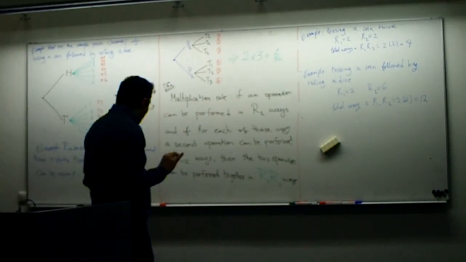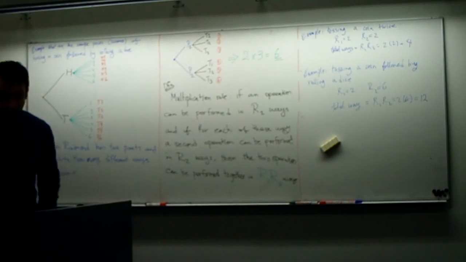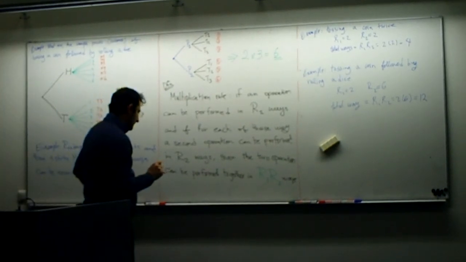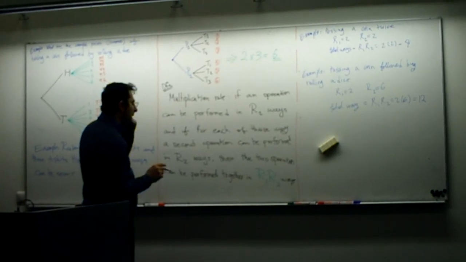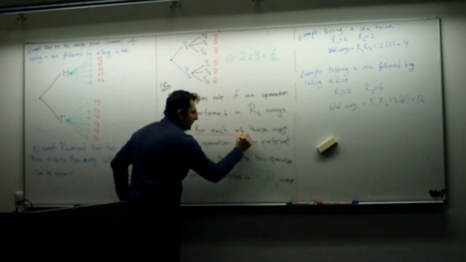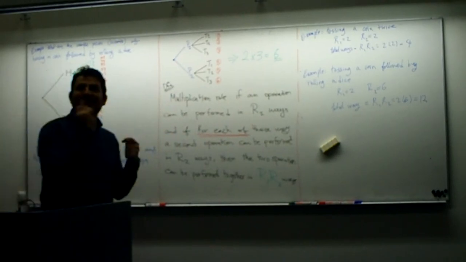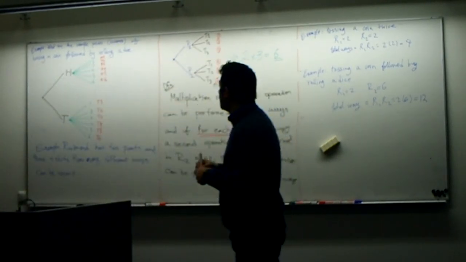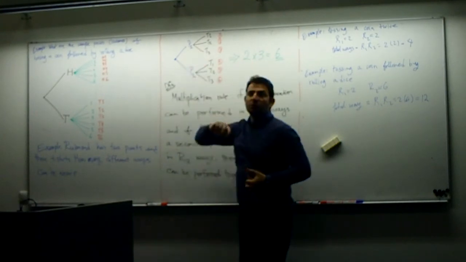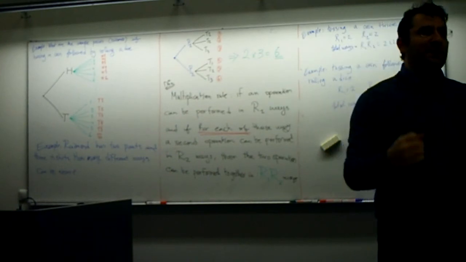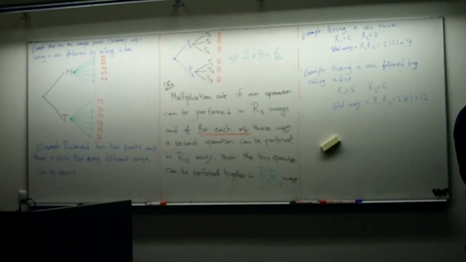But one thing that we have to note in the multiplication rule is that for each outcome we have the same behavior. In other words, we do not say that if Raymond chooses pants 1, he has 3 shirts to choose, and if he has pants 2, he has, let's say, 5 shirts to choose.